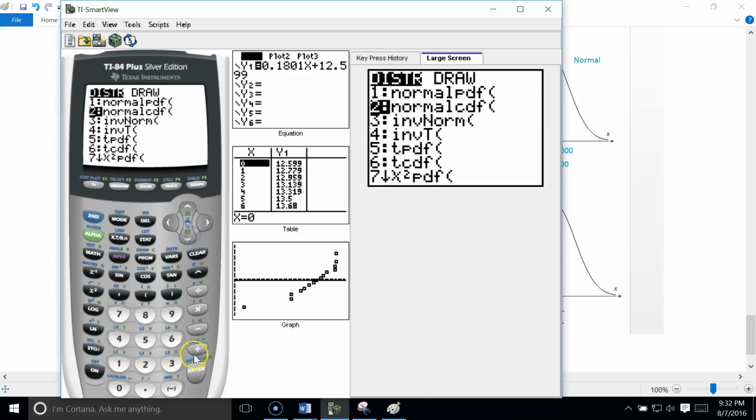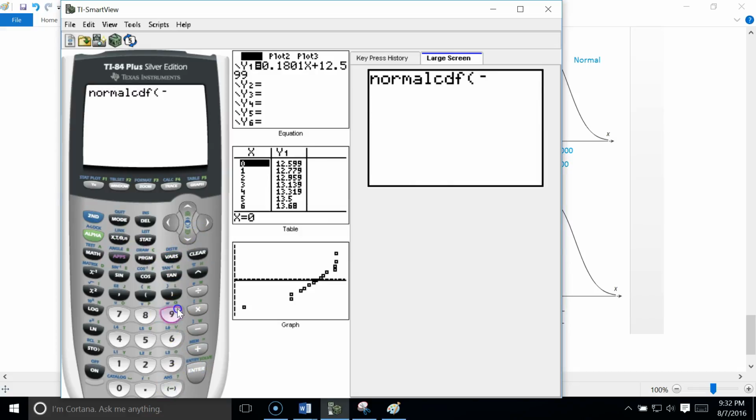Normal CDF between negative infinity, so negative with a bunch of nines in there, comma 60,000, comma 70,000, comma 4,400.